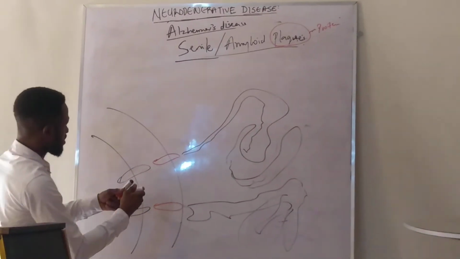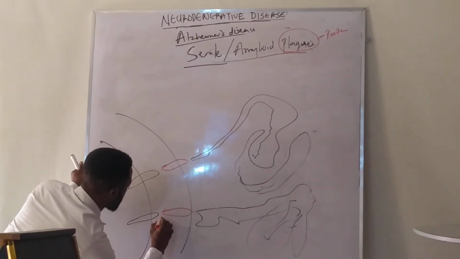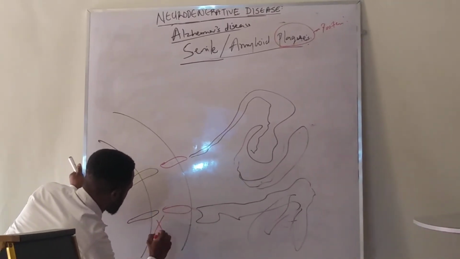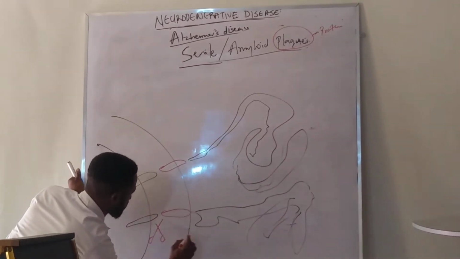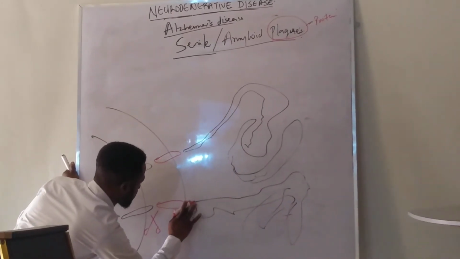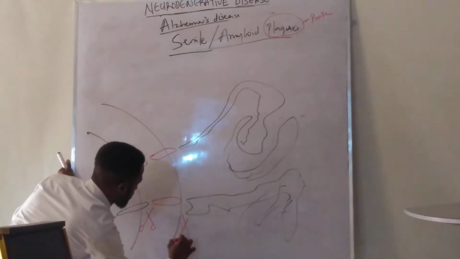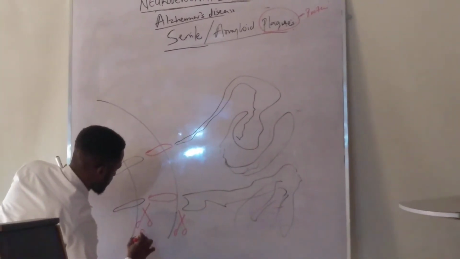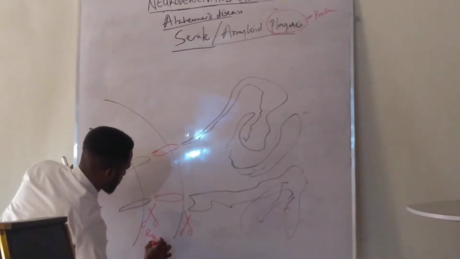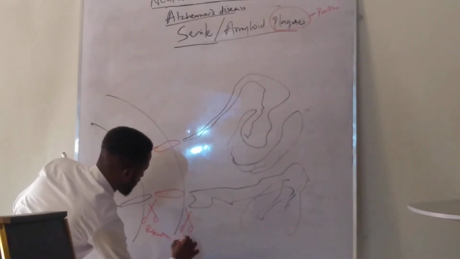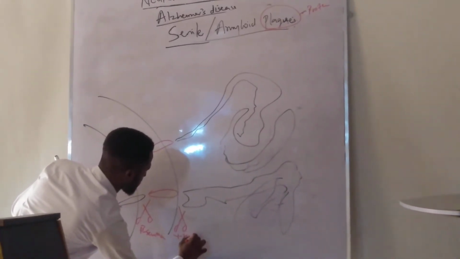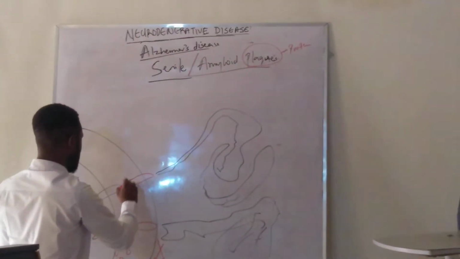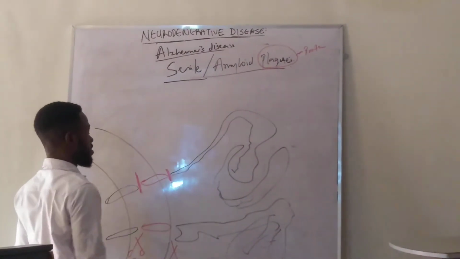Making another representation of it. As we can see, we have a gamma secretase enzyme cleaving at this point.